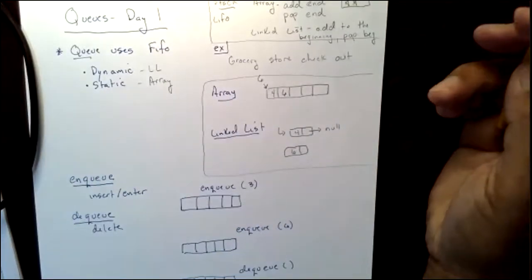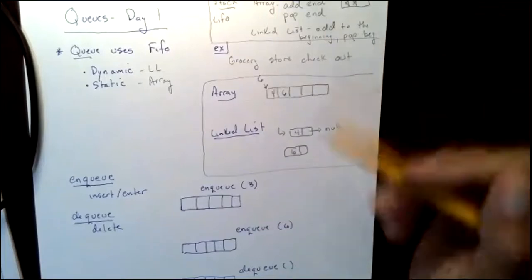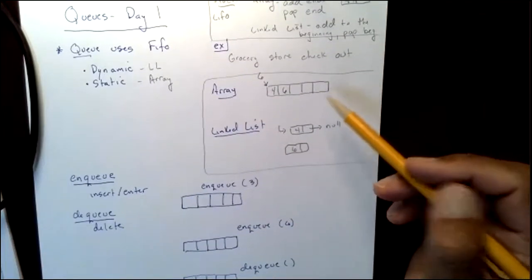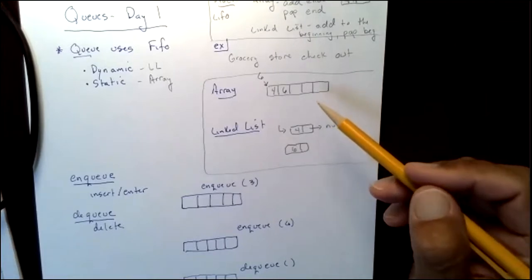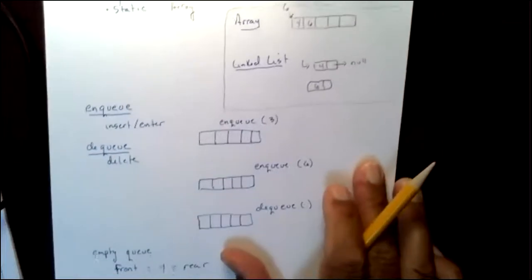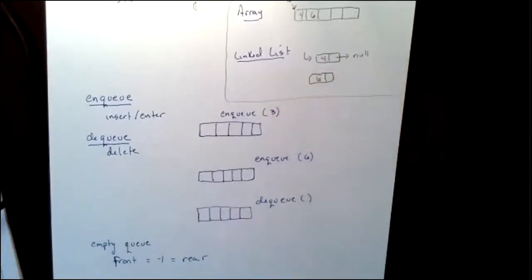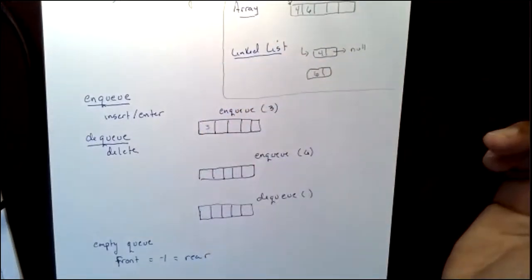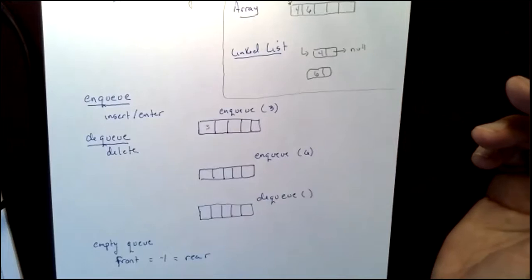All right, so let's take a look at linked list, and maybe we can then come back up here and make notes as far as what we're going to do with an array, and then what we're going to do with a linked list. So let's say the first thing I want to do is NQ. I'm going to put a 3 in, and I don't really know what to do until I actually start playing with this.